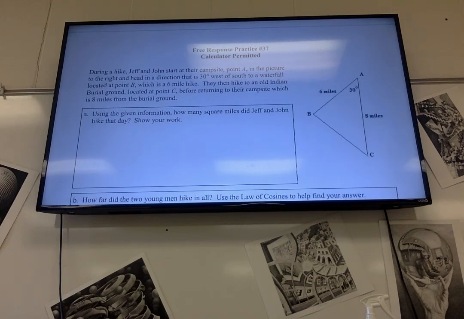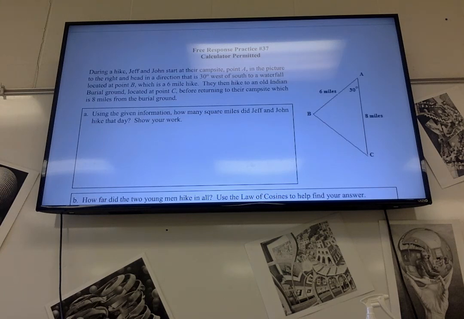Okay, it says, during a hike, Jeff and John start at their campsite in the picture to the right, and then head in a direction that is 30 degrees west of south to a waterfall located at point B, which is a 6-mile hike.